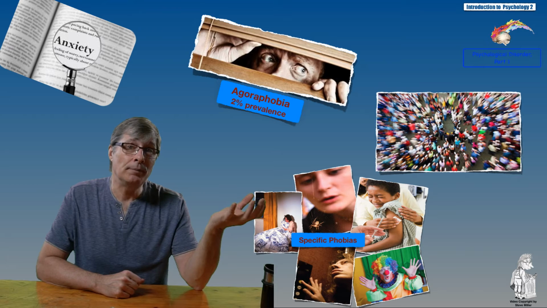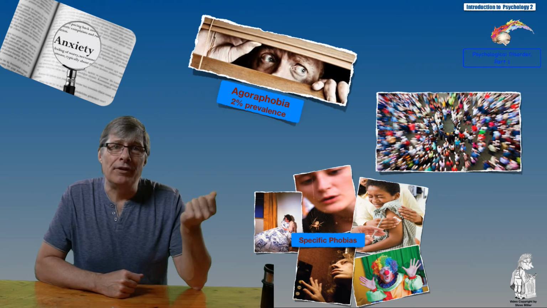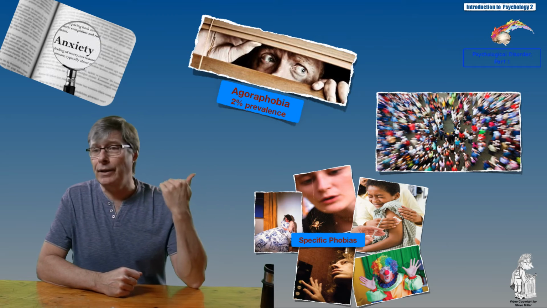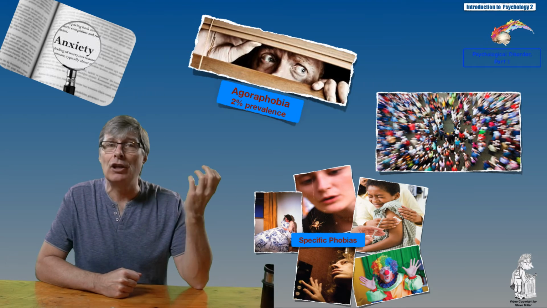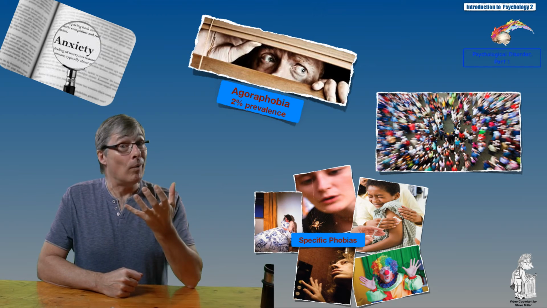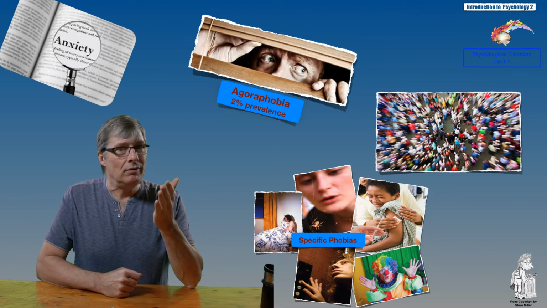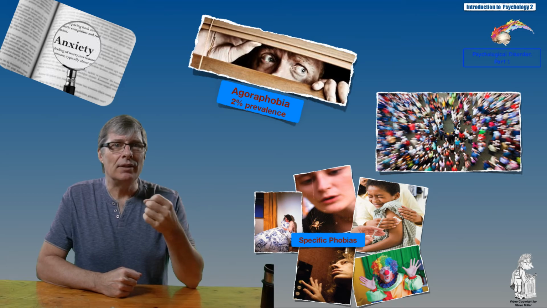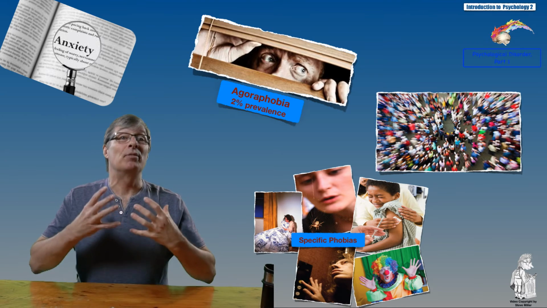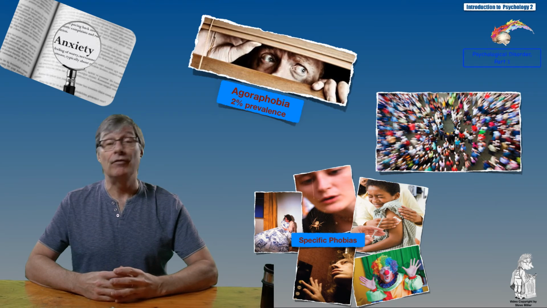Those are situational. They could be fear of natural environments, so storms, water, heights can all be a part of that. They could be a fear of animals: dogs, snakes, spiders. Or blood, injection, injury: seeing blood, receiving an injection. These are all parts of specific phobias.